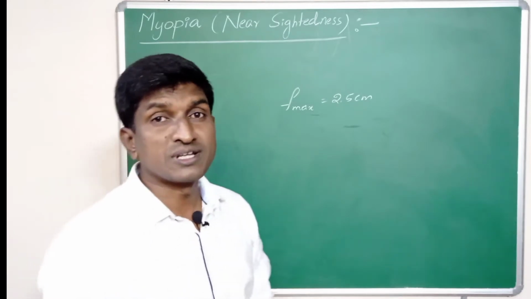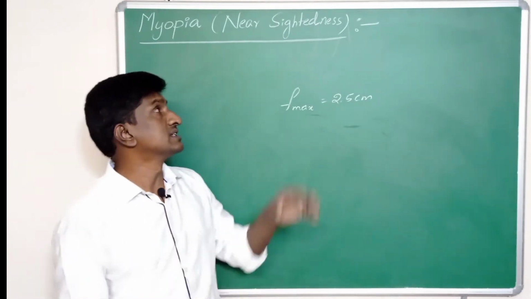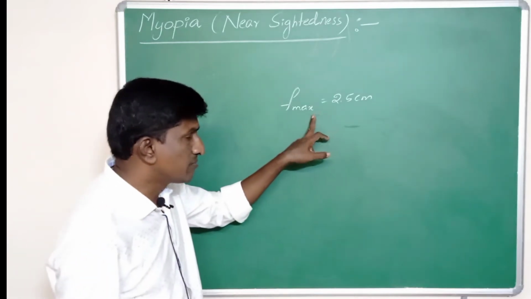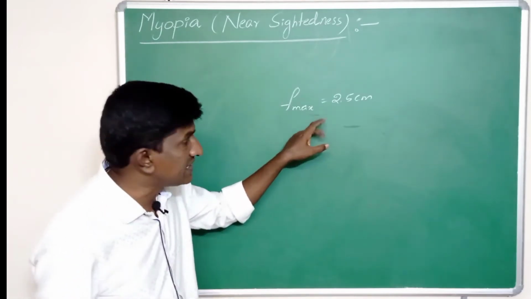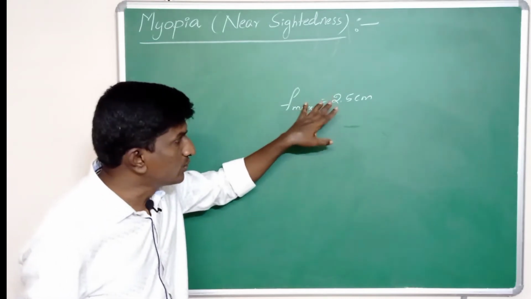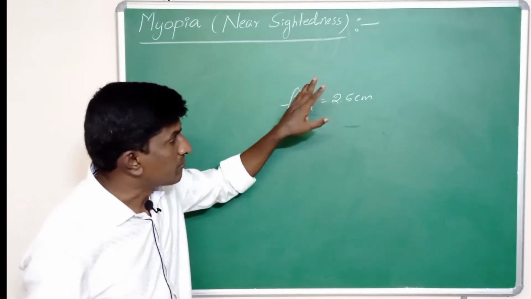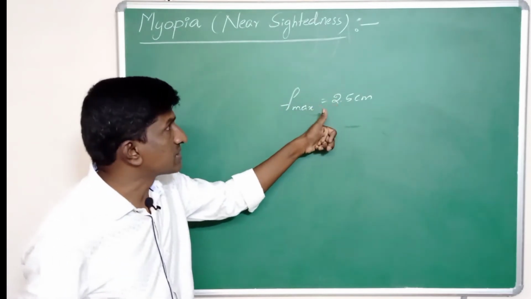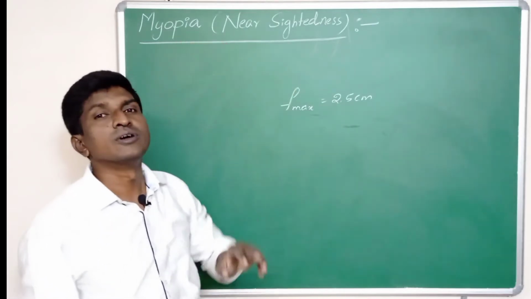But for the person facing myopia, the maximum focal length of his eye lens is less than 2.5 centimeters. Due to this reason, that person is getting the problem of myopia.